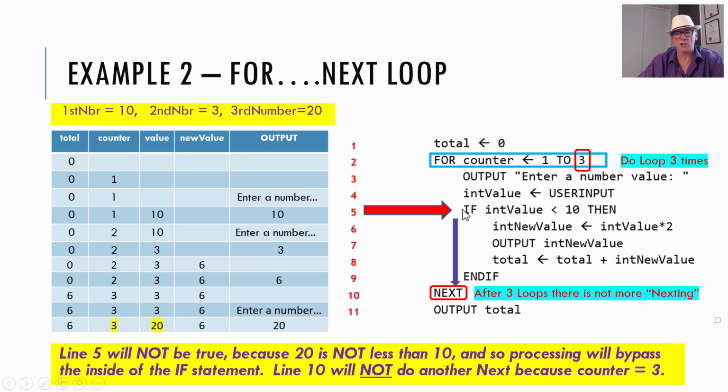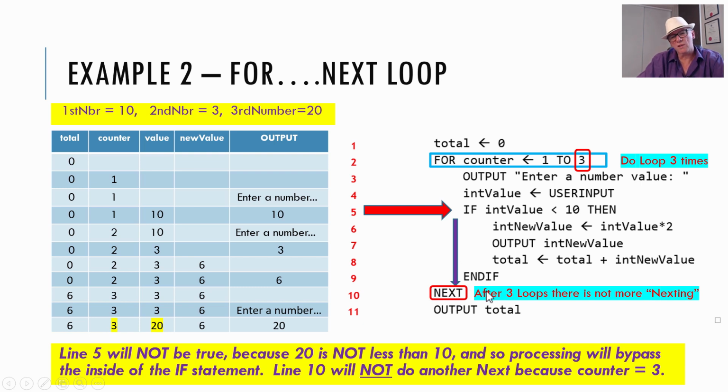We're not going to do this. We're going to jump straight down to the end if, and from there we'll go to the next. Now, on the next, usually the next is jumping us back up to the for, but this for statement said to do the loop 3 times, and if we check our counter here, we're actually on our third and final time through the loop. So we're not going to jump up and do it anymore.